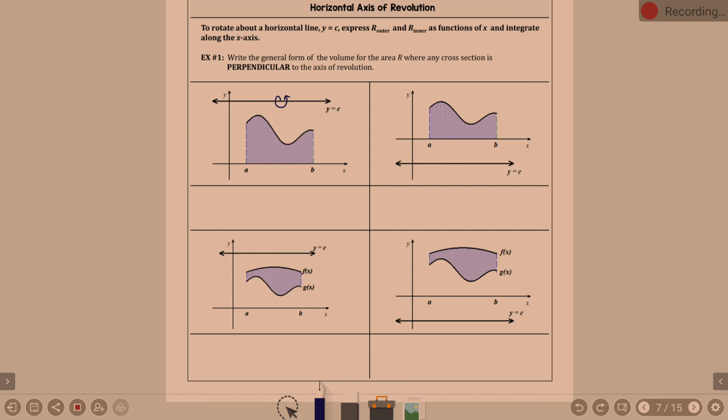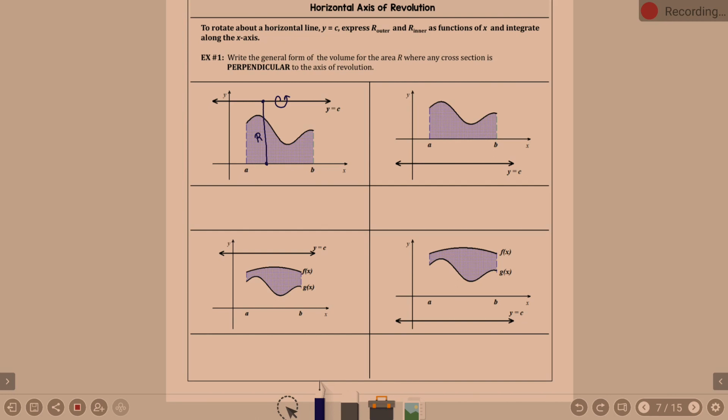We're rotating about this piece here. Now, I want you to think big R, little r. Big R is your distance farthest away from where you're rotating, and little r is your distance closer to what you're rotating. In this case, big R is the distance from y equals c to the x-axis.